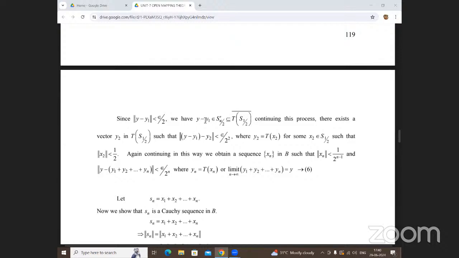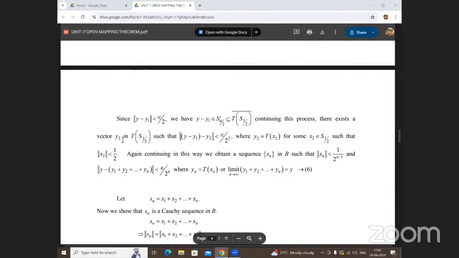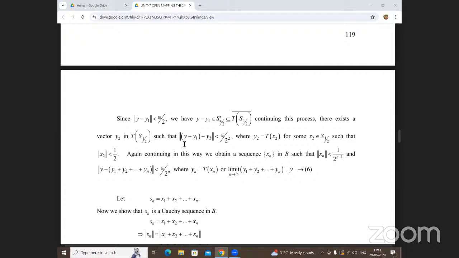Continuing in this process, the y2 vector belongs to T(S1/2), such that, replacing y by y − y1, the norm of y − y1 − y2, because y2 is another existing vector, is less than epsilon/2 squared.